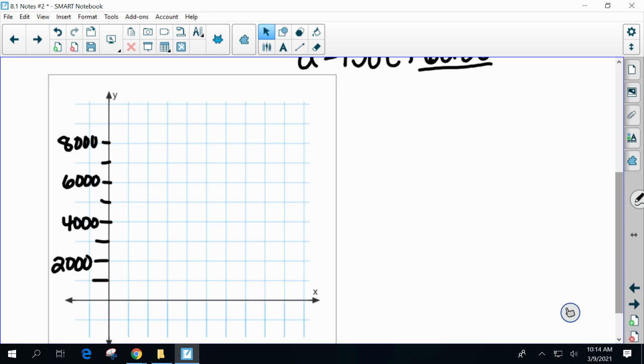So then we need to graph all of our points. On the x-axis, that's representing time, and then the y-axis is representing altitude.